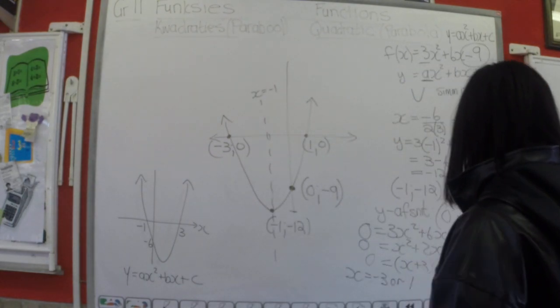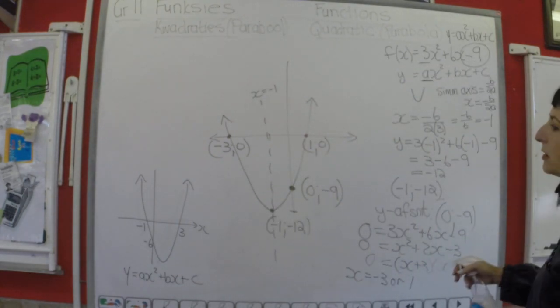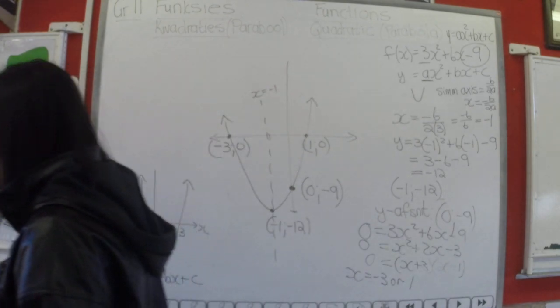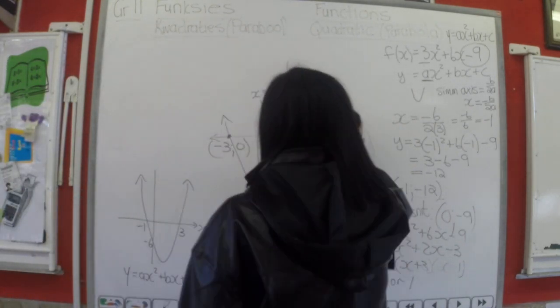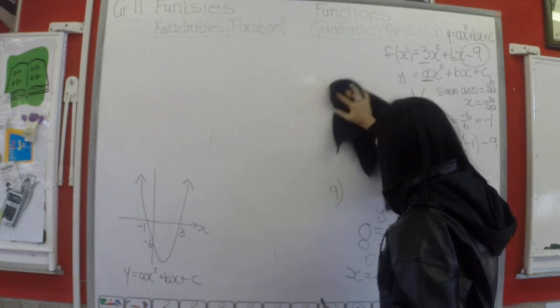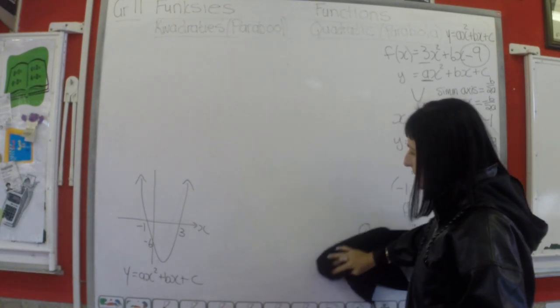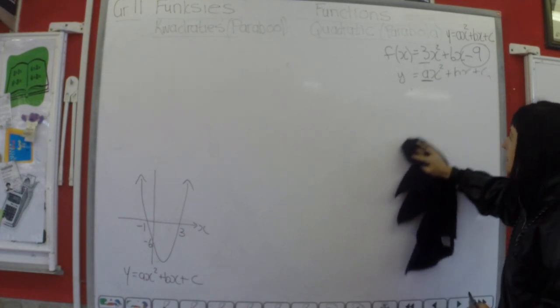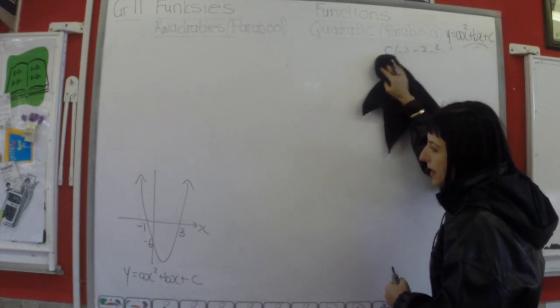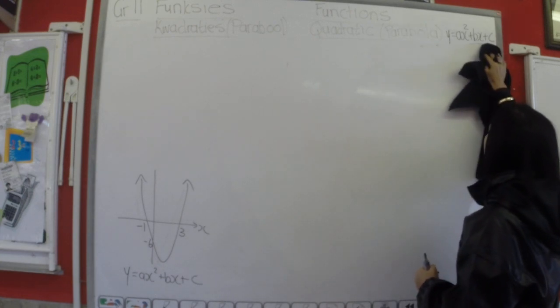En hierdie parabool vra hulle bepaal die vergelyking van die parabool in die formaat y is gelyk aan ax kwadraat plus bx plus c. So wat het ons daar? Ons het 2 x-afsnitte en ons het die y-afsnit.